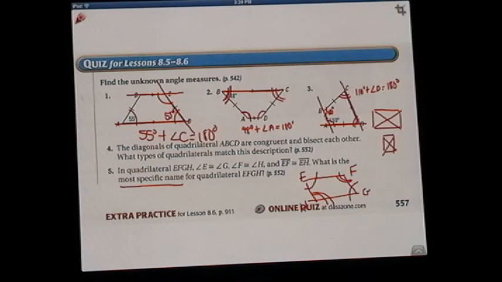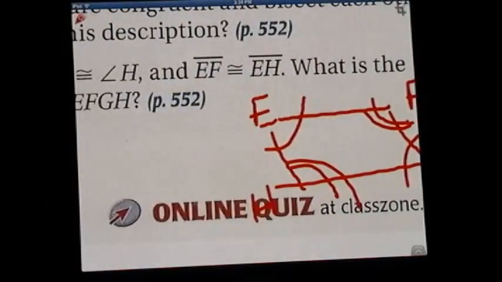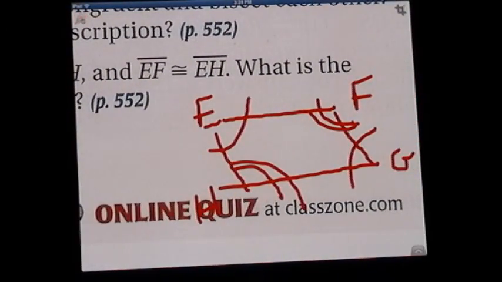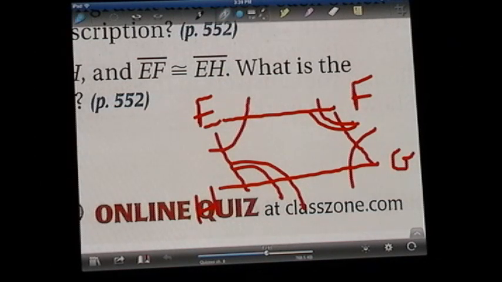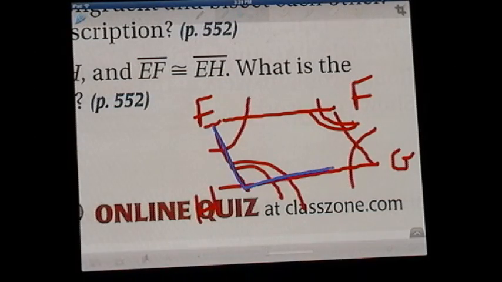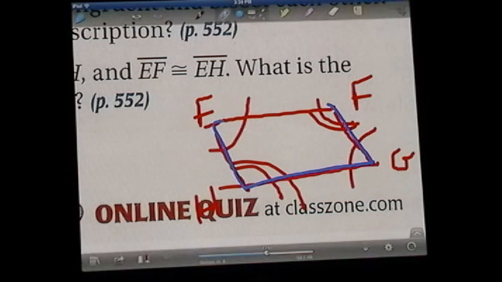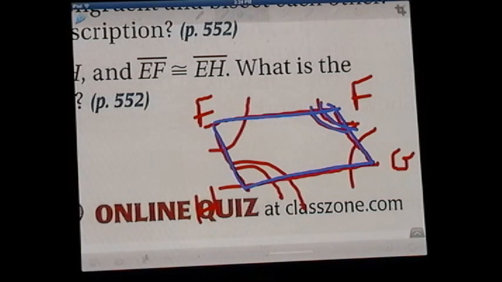Then it says EF is congruent to EH. Alright, I'm going to have to bring this in a little bit so we can see it. Okay, here it is. Making it a different color because of the words down here. Once you've drawn this, you can see where your points are.